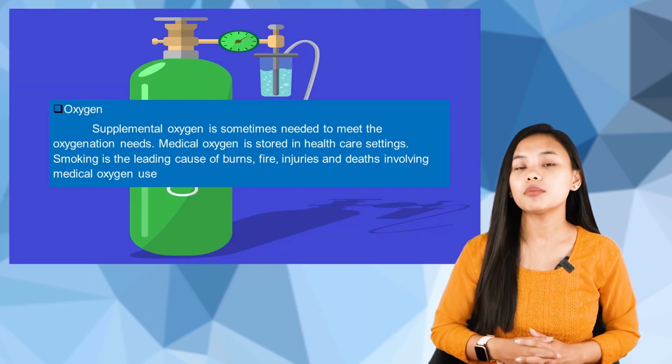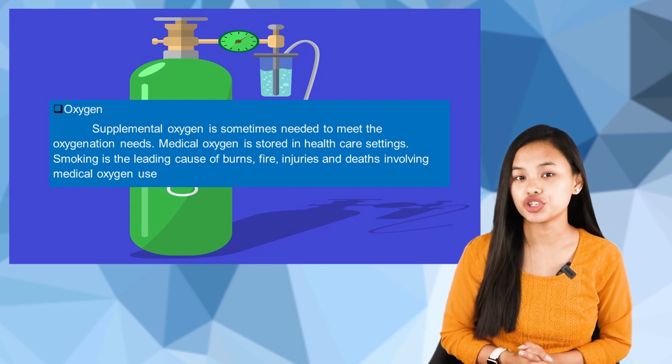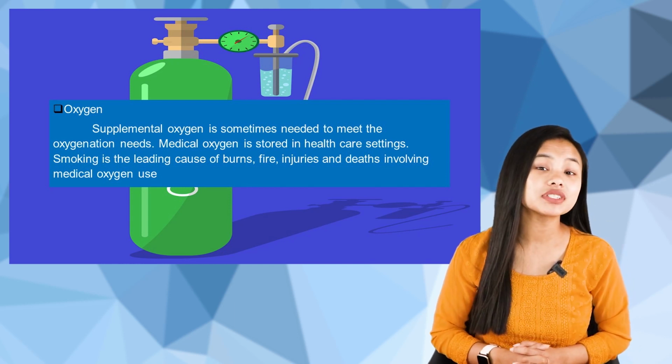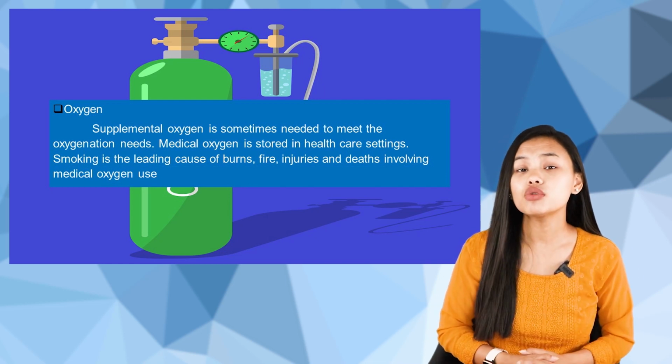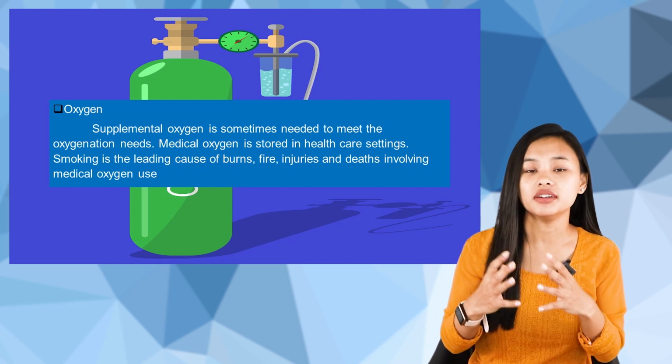So what are the various items, what are the various equipments that must be present in order for us to be able to provide a safe environment for the client? Talking about environmental safety, let us first discuss oxygen. As we know, supplemental oxygen is sometimes required in order to meet the oxygen requirement. So medical oxygen will always be stored in the healthcare setting.